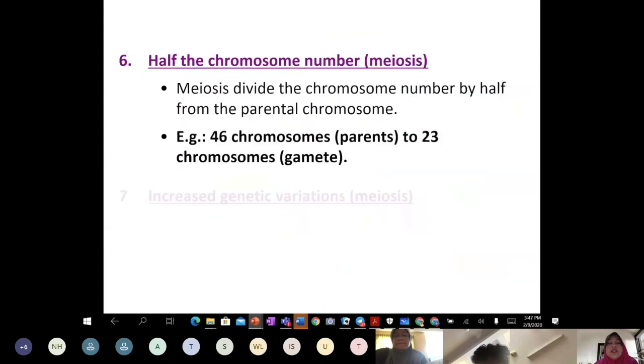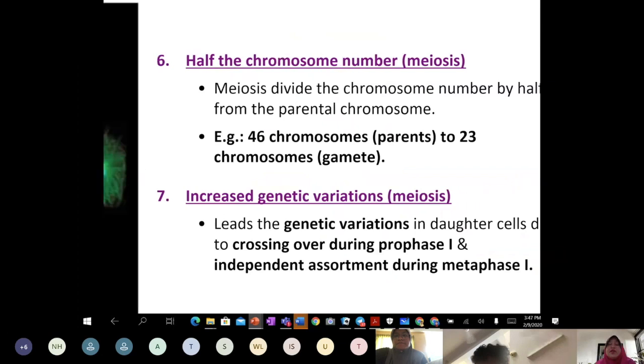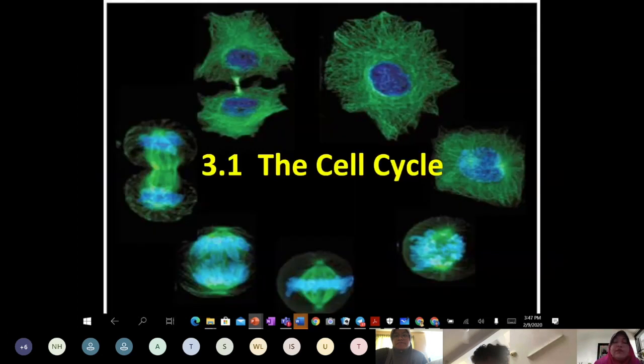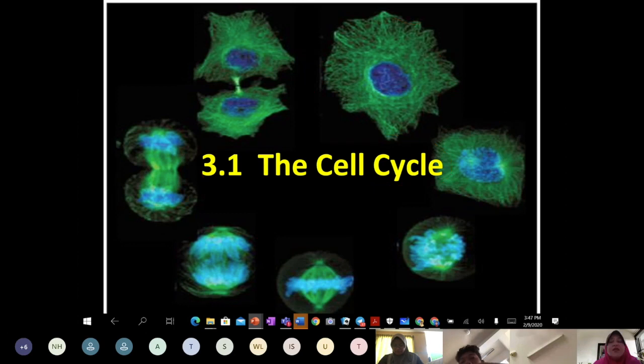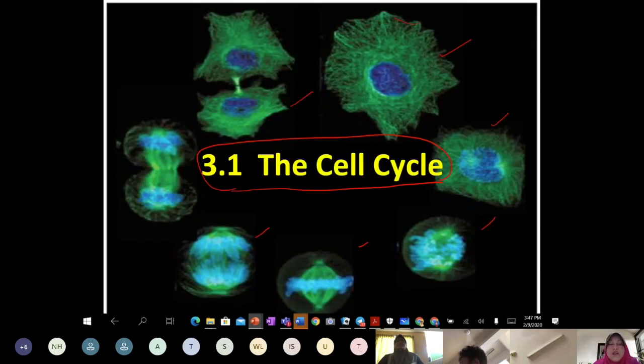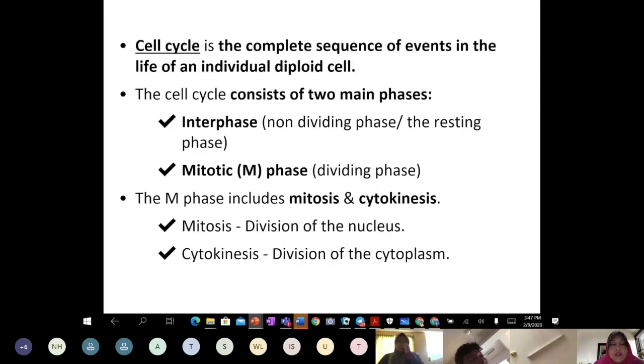Now let's start with a very tremendous process known as the cell cycle. If you observe all this diagram, this is the real cell division that occurs in an animal cell, class.